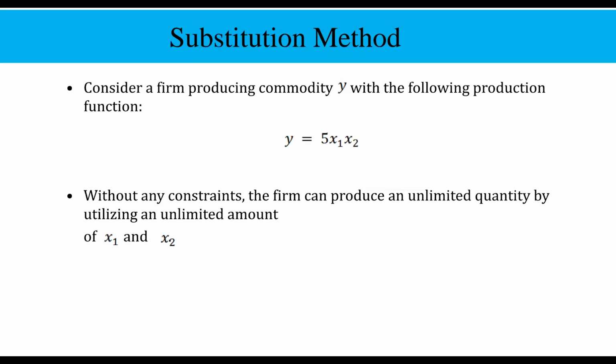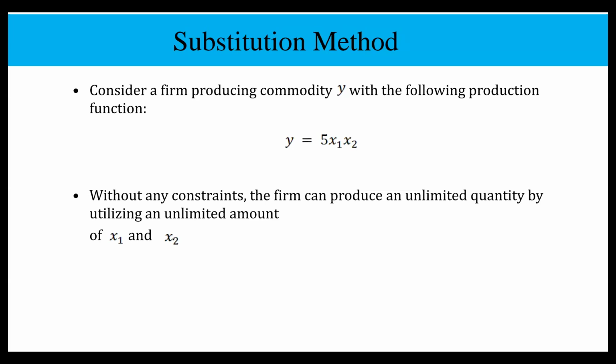Now, listen carefully. The question reads: consider a firm producing commodity Y with the following production function, 5x1x2. Without any constraints, the firm can produce unlimited quantity by utilizing unlimited amounts of x1 and x2.